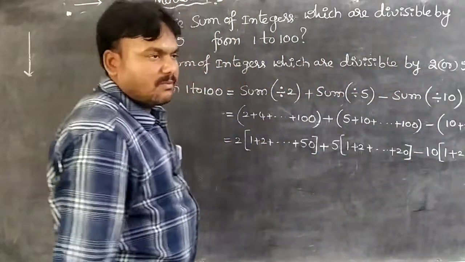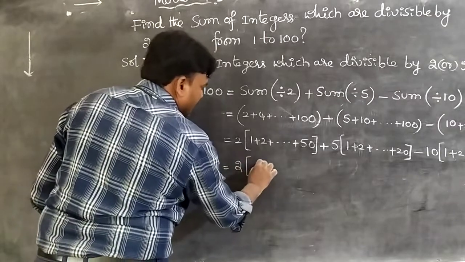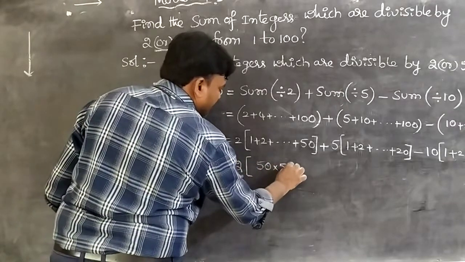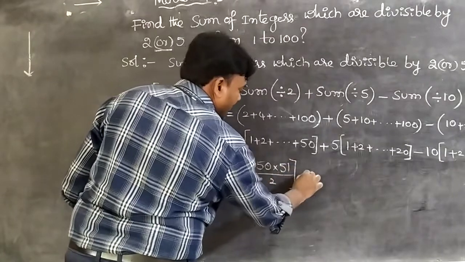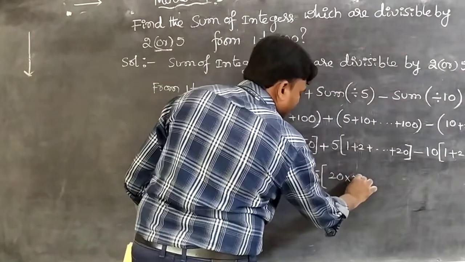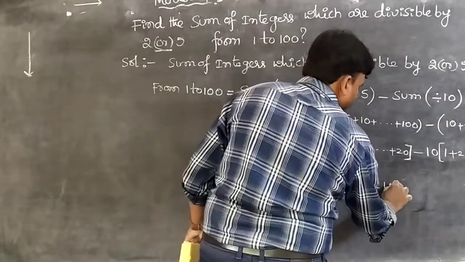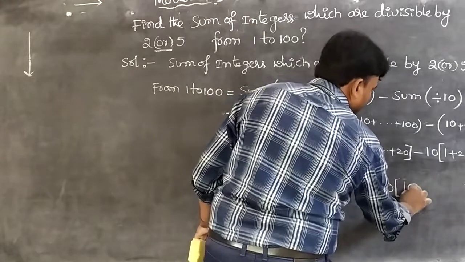Use the sum of first n natural numbers formula. Then that implies 2 of 50 into 51 by 2, plus 5 of 20 into 21 by 2, minus 10 of 10 into 11 by 2.